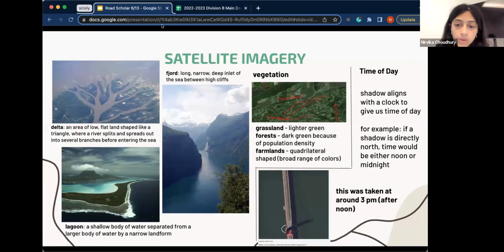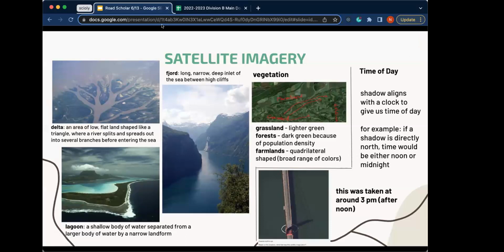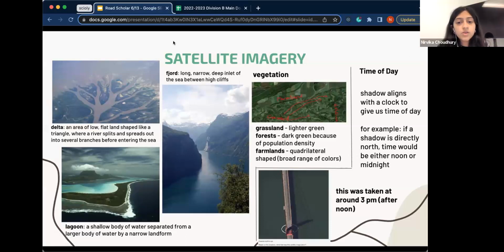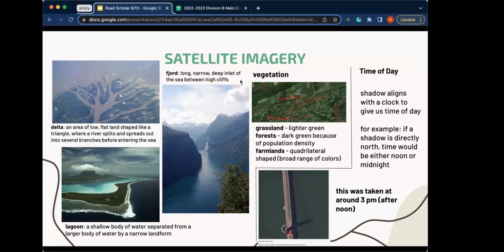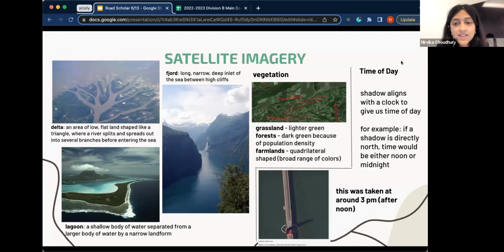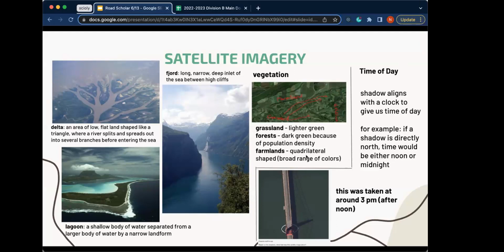Wait, what do you mean by why is it quarter system? Why is the vegetation the farmlands? Oh, why are they quadrilateral? Yes. Wait, can you repeat that? Why are the farmlands usually in quadrilateral shapes?